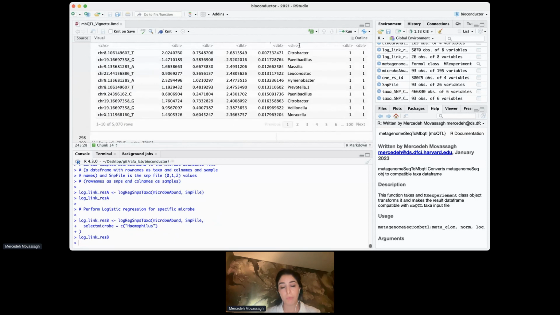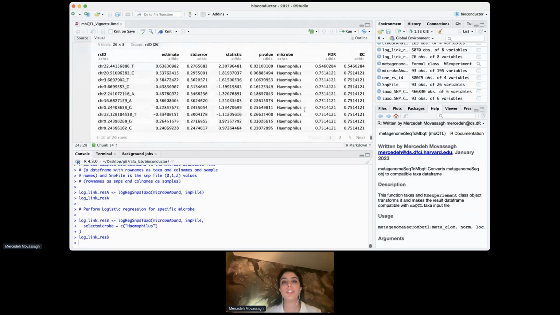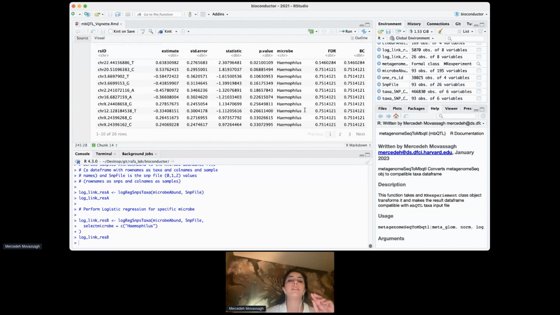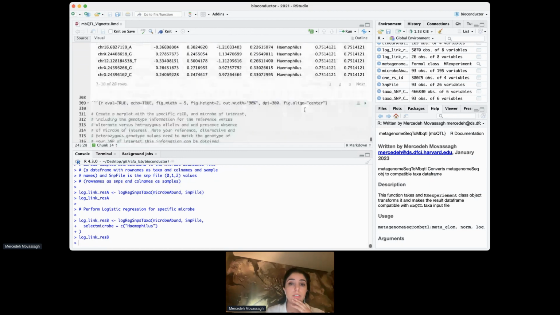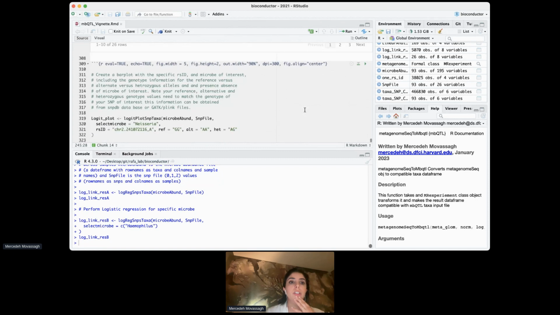This one was with all of the microbes. This one is just one-to-one. Is there a relationship between a specific SNP and a specific microbe, not all of the microbes. So basically our p-value and FDR corrections would be just based on one, not all. That would be the difference.